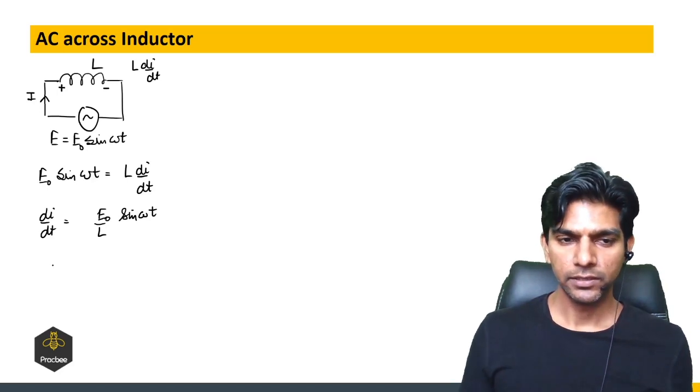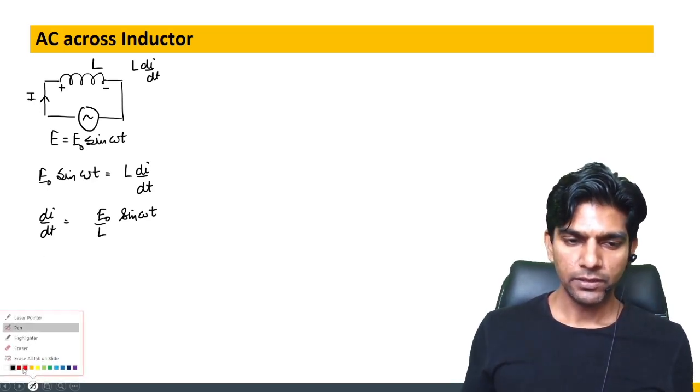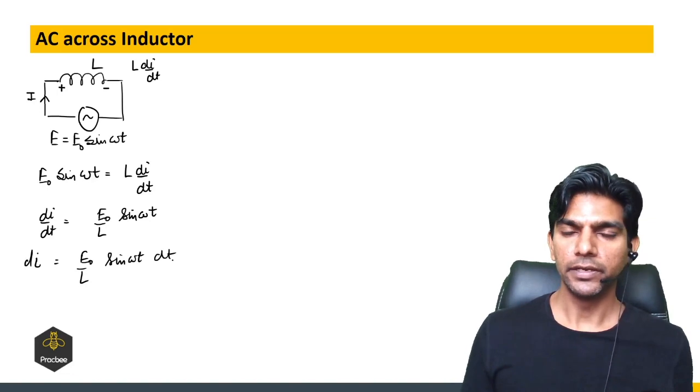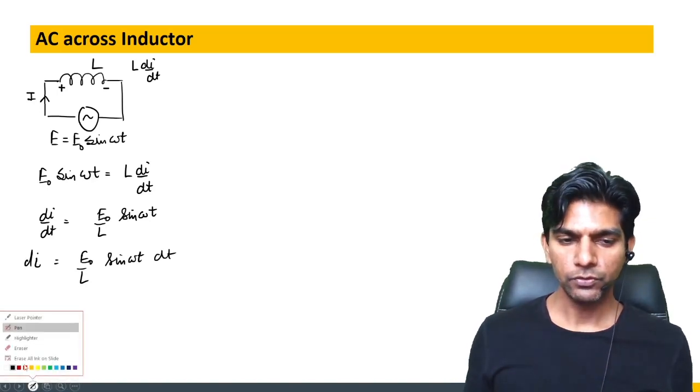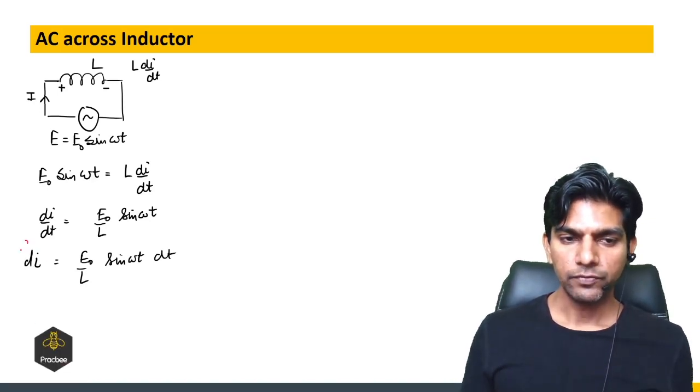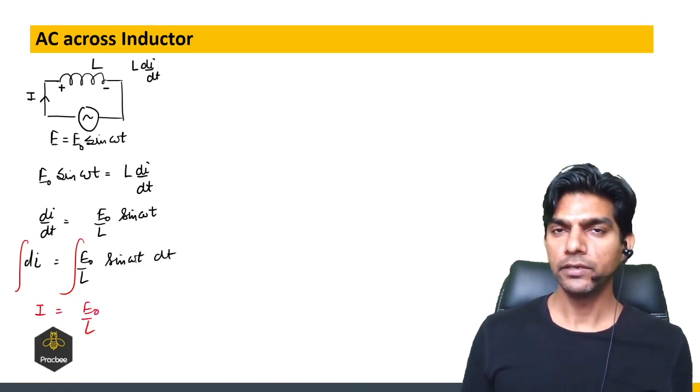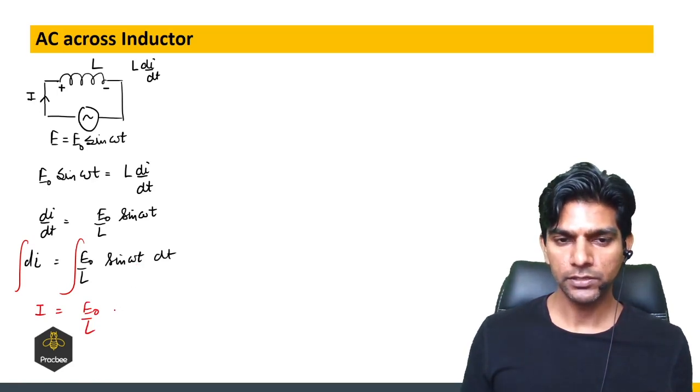Now if I want to find the current value, then we can say di is equal to E naught by L sine omega t times dt. Now what we're going to do, we'll do the indefinite integration. So this will become I, this will become E naught by L. The integration of sine is minus cos.